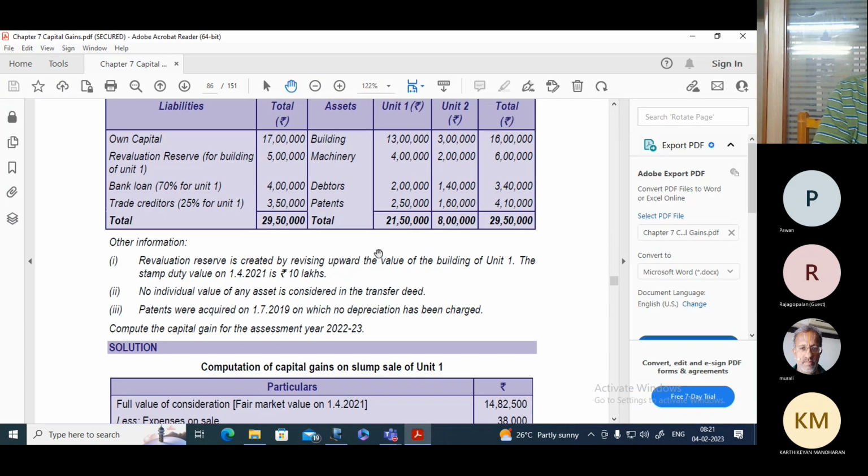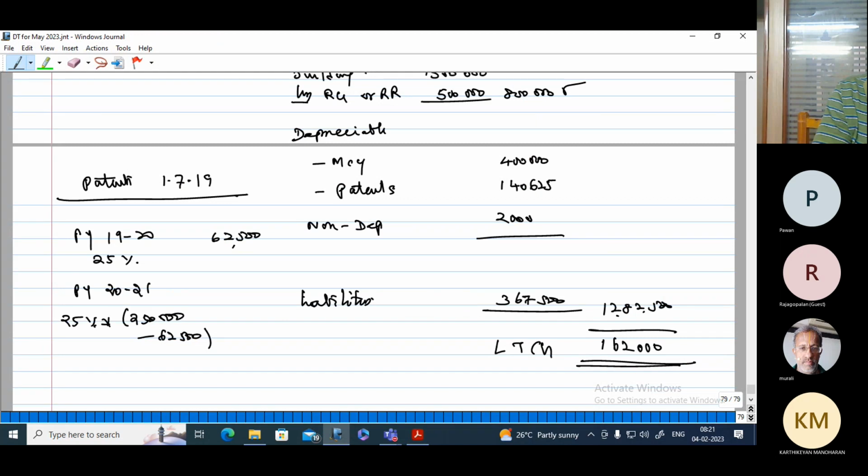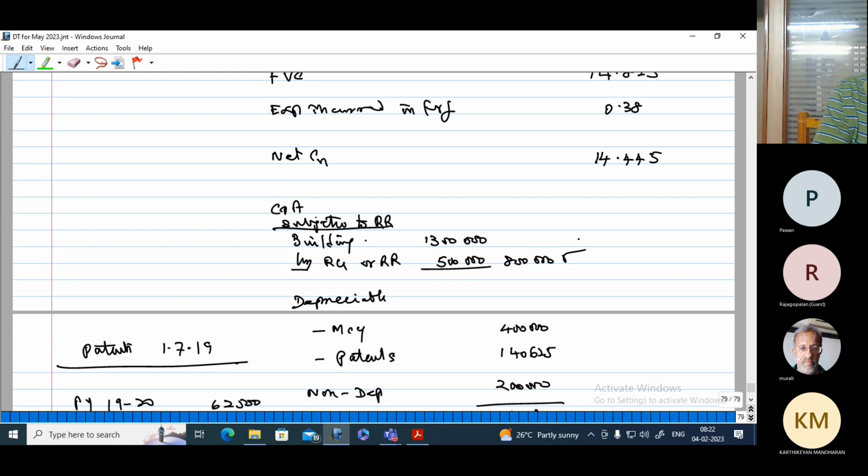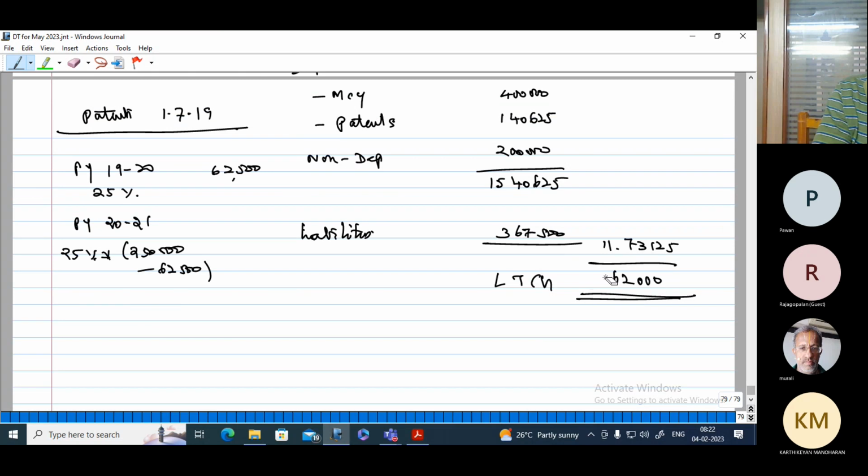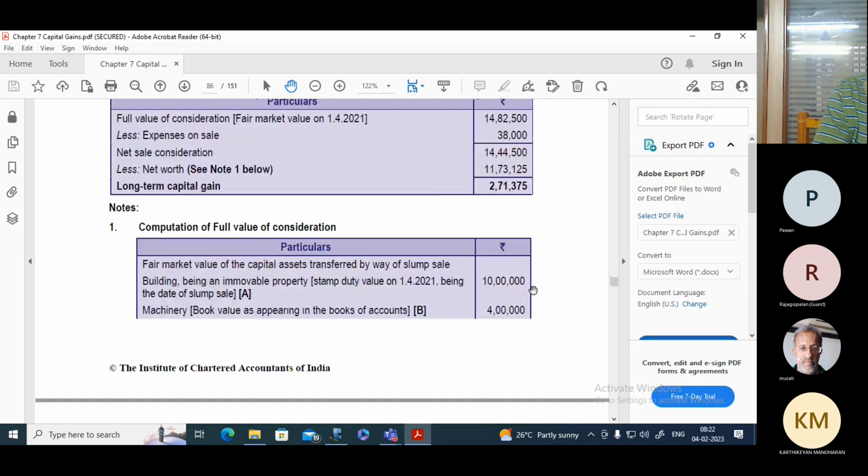the non-depreciable item, debtors 2 lakhs, plus 16 lakhs 1,625 minus 3,67,500, gives 1173125, minus 15 lakh 44,500, gives 271,375. 271,375.